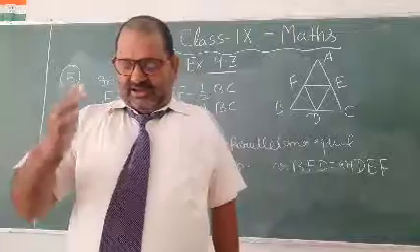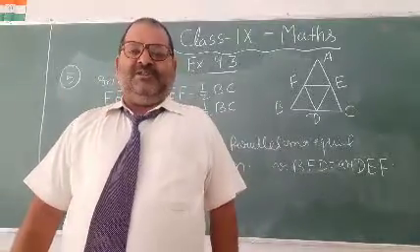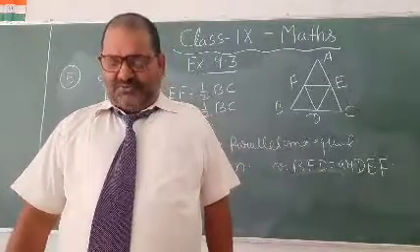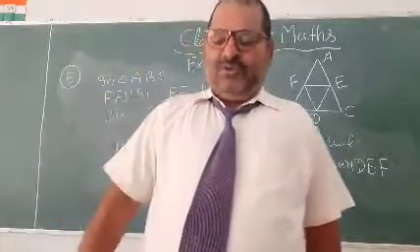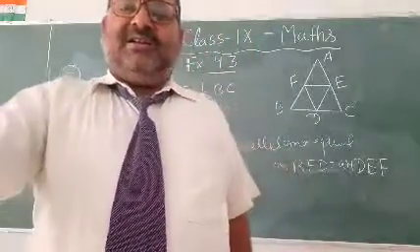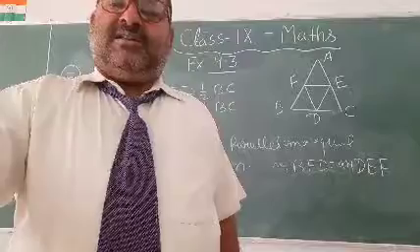So the area of parallelogram BDEF equals 1/2 the area of triangle ABC. Clear? Now thank you.